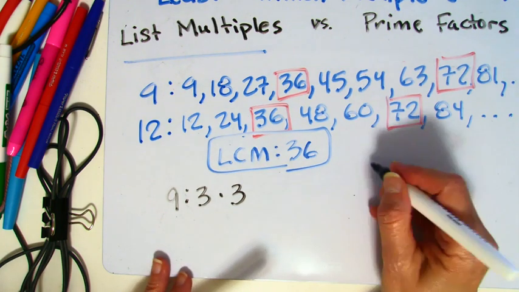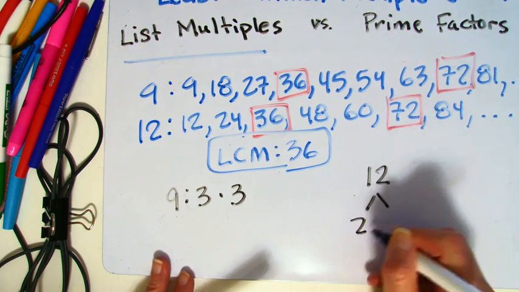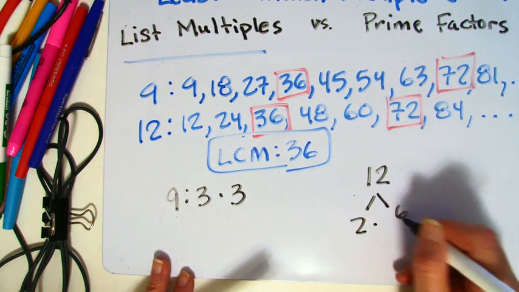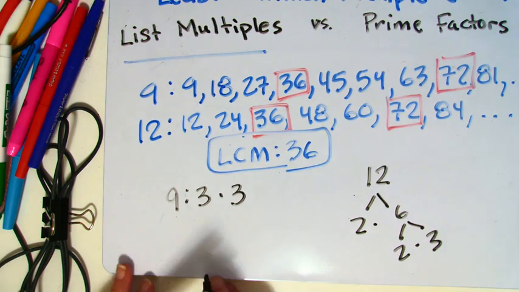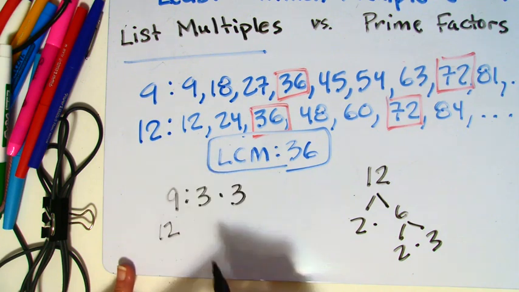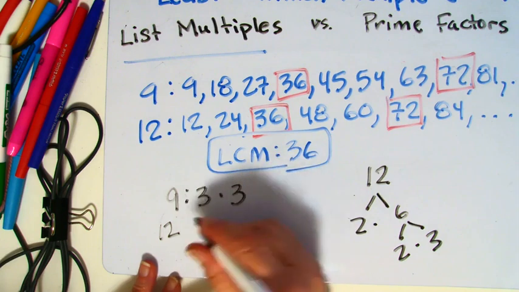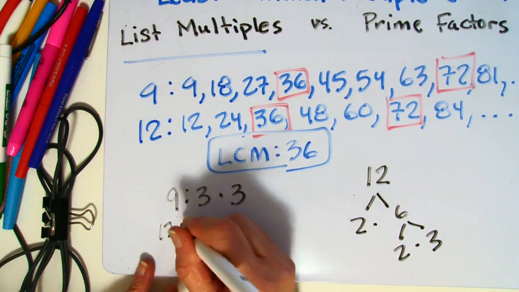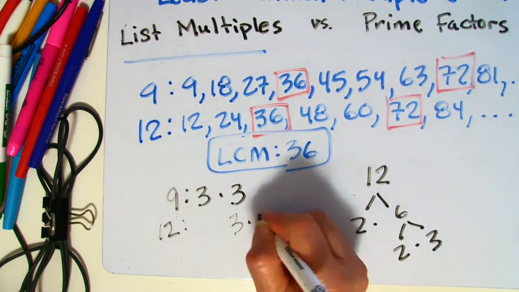I'm not quite sure of 12. I'm going to just go ahead and do a quick tree, and you can always do this if you're not sure. Okay, so that was easy enough. So for 12, I do have a 3, so I'm going to line that up under one of these 3s, and it doesn't matter which one. And then I've got 2 2s.